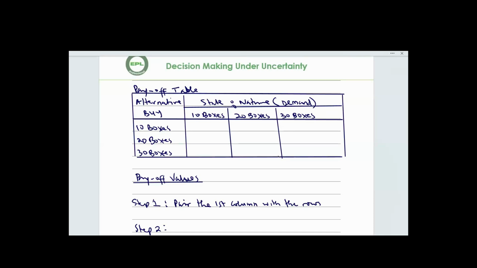But in another scenario, if contribution is represented horizontally, that means you are going to pair the row with all the 3 columns. You pair the second row with all the 3 columns if contribution is represented horizontally. But because in this question, contribution or sales or market demand is represented vertically, that's why we are starting from column to row.